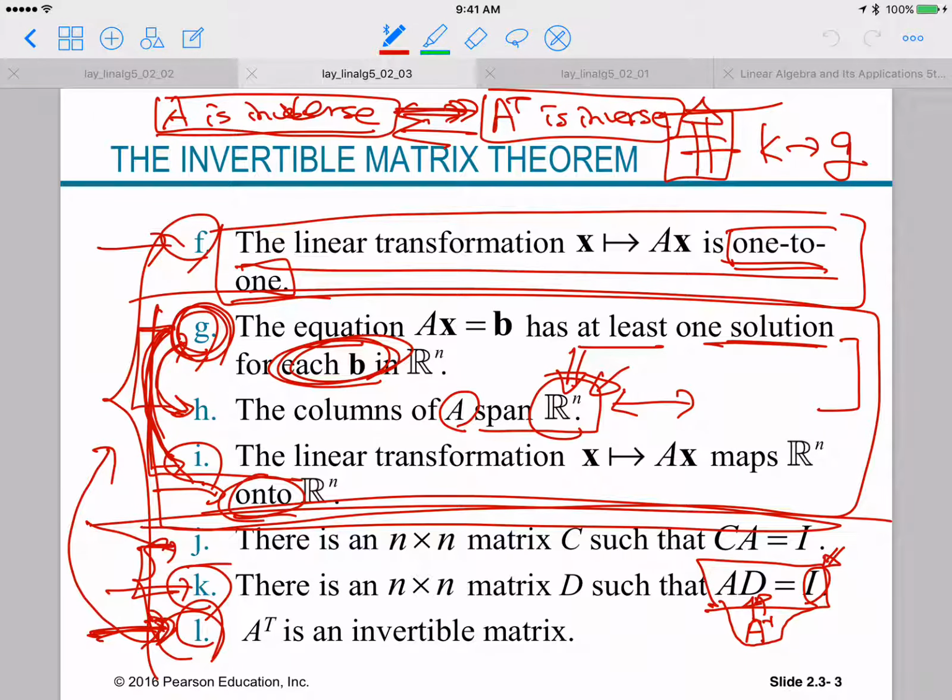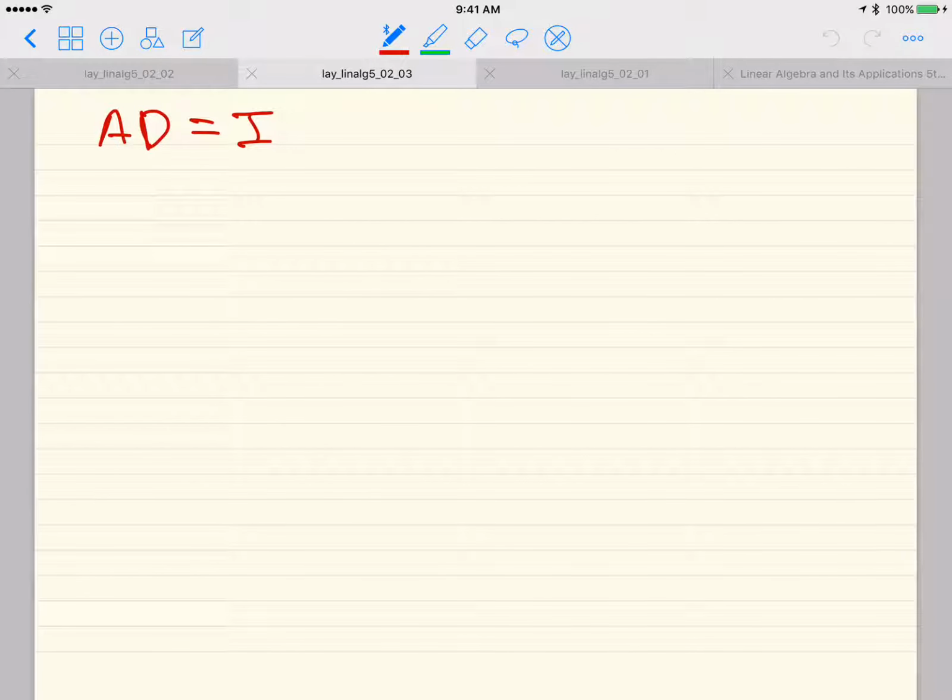Then your equation AX equals B should have at least one solution for any vector B, which means AX equals B should always have a solution for any vector B. So we want to prove this.